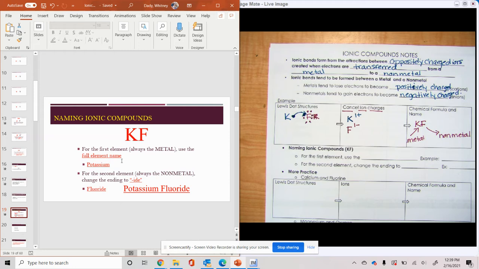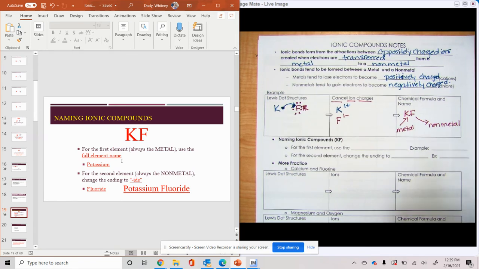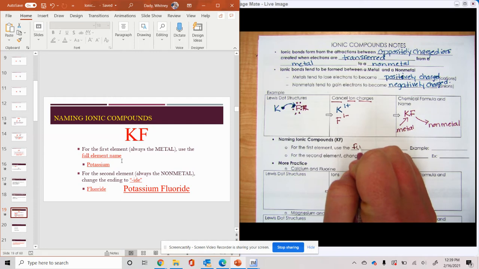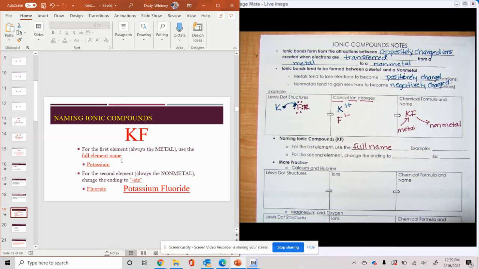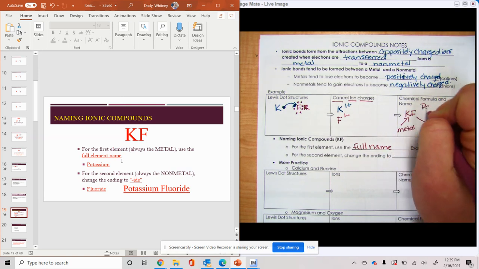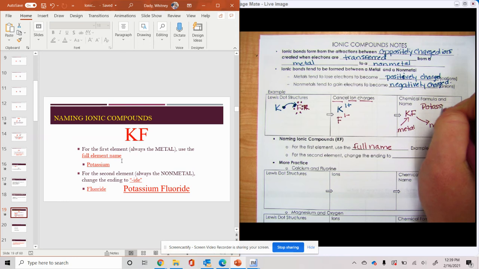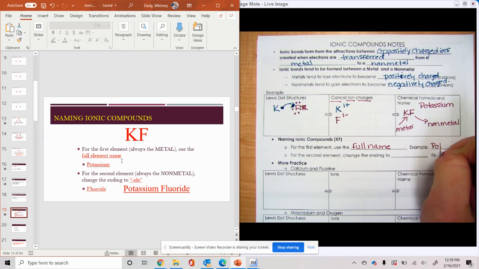All right, so let's talk about naming. It says for the first element, which is always going to be the metal, use the full name. So in our example up here, what was our first element? We had potassium. So we'll write potassium here.